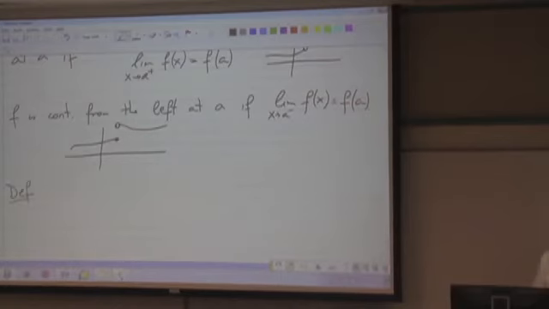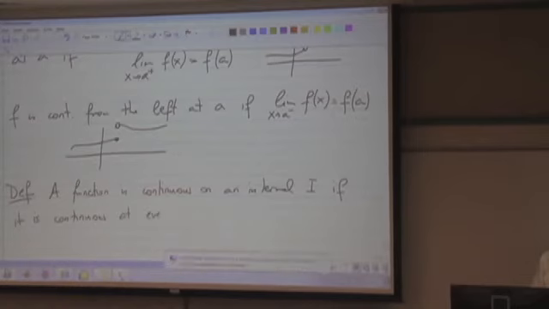A function is continuous on an interval I if it is continuous at every point in I.